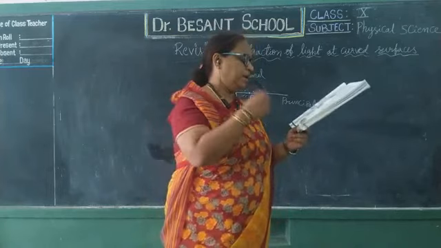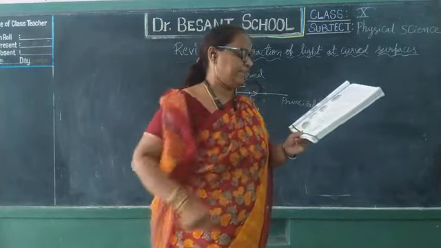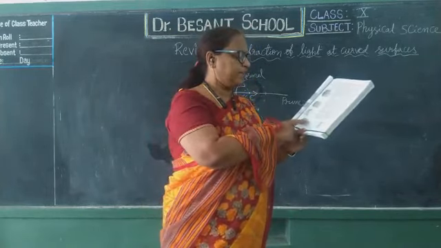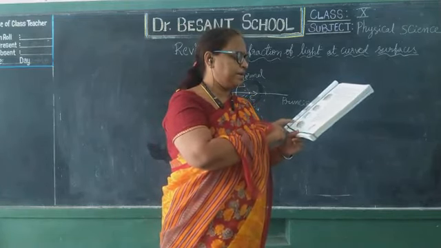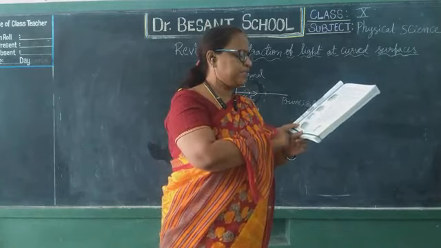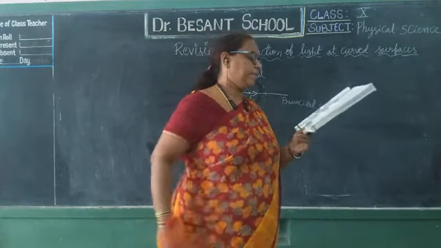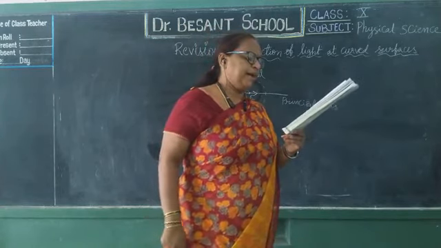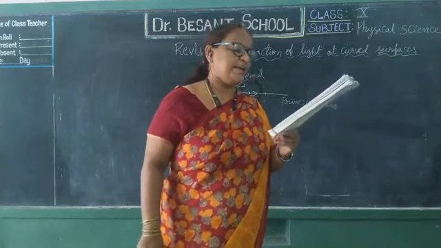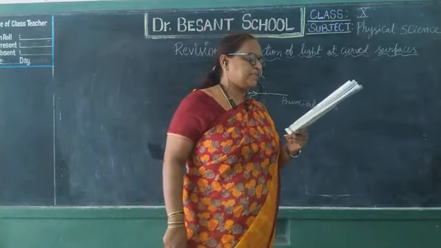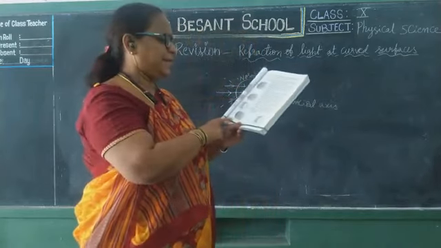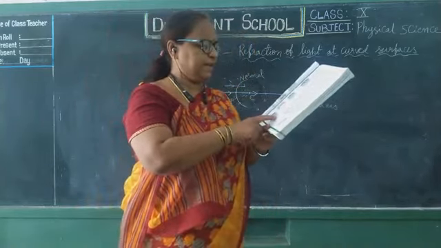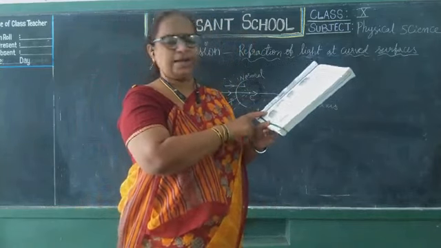You observe here, passing from rarer to denser medium, the ray touches the principal axis at a point. Sorry, here in case 3 the ray is passing from denser medium to rarer medium.